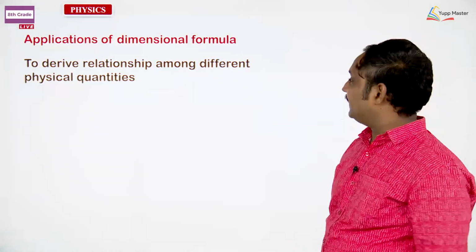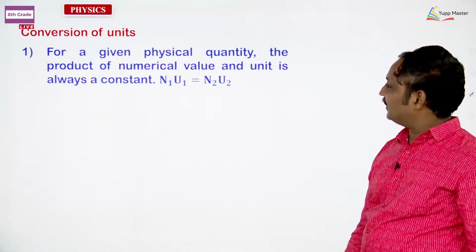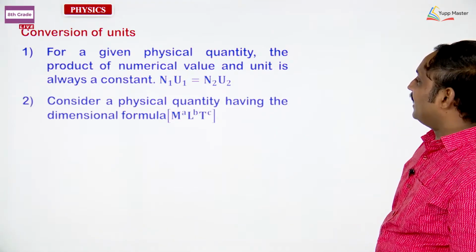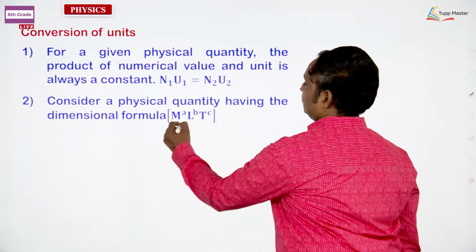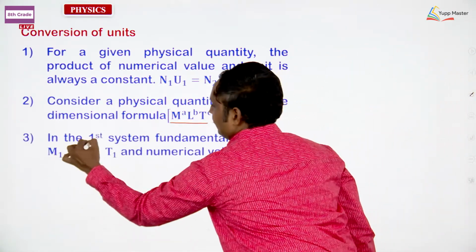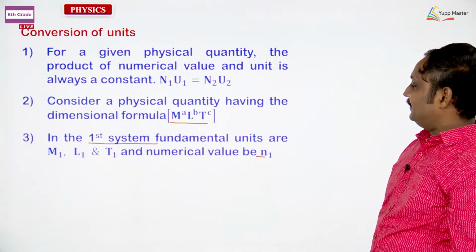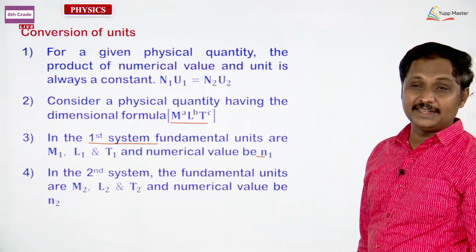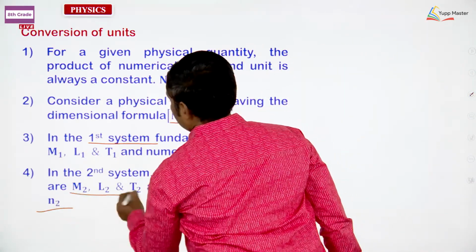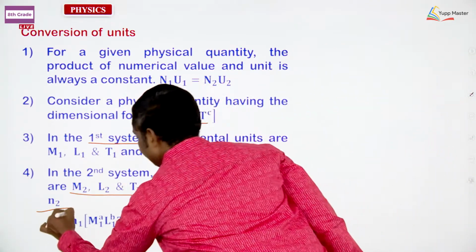Let us take another one. Easily we can convert by using this equation also. Consider a physical quantity having the dimensional formula. In the first system, its value is N1. In the second system, its value is going to be N2. Finally, you can obtain this equation.